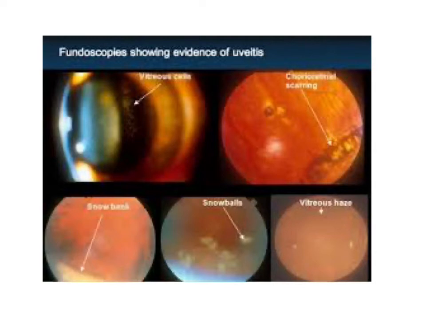Here you can see in the upper left photo these cells present in the anterior vitreous. These cells indicate the presence of inflammation, and on dilatation of the pupil we will find some vitreous haze, which is called turbid vitreous, or we may notice white dots near the pars plana of the ciliary body in the extreme periphery of the fundus.